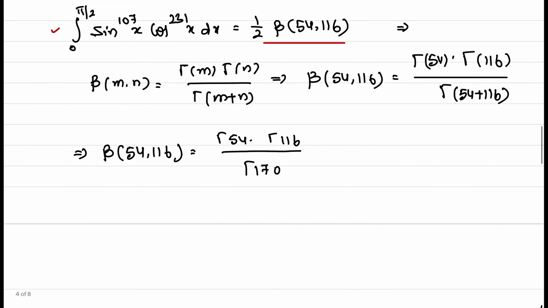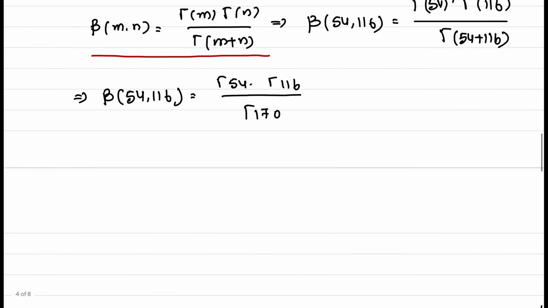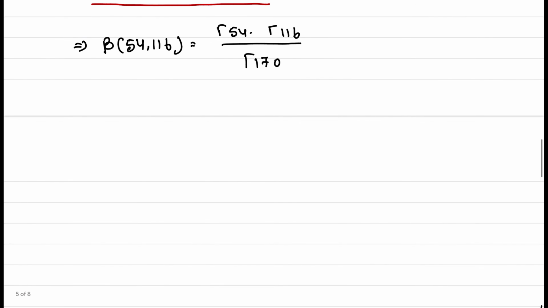Now, another identity we will be using. This identity we have used. Now, to solve this problem fully, we will use another identity. What is that? Gamma n plus 1 is equal to factorial n.